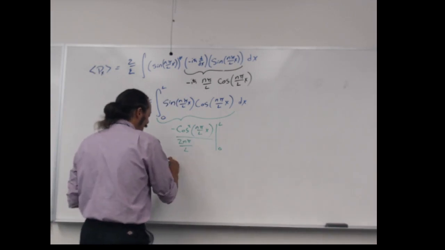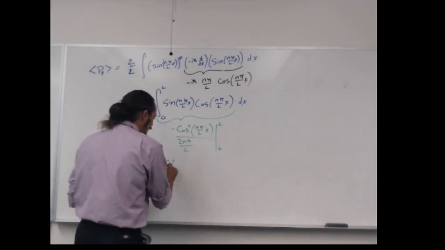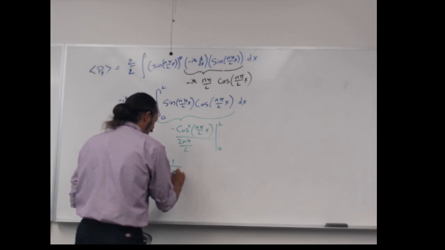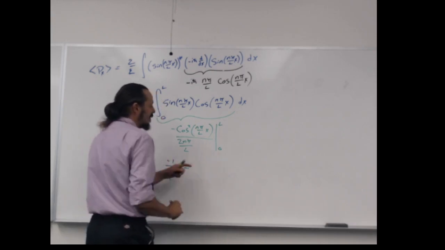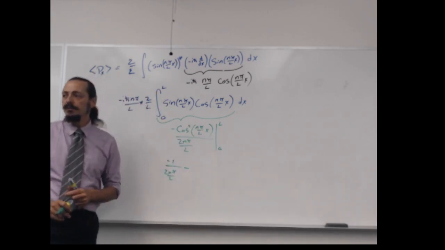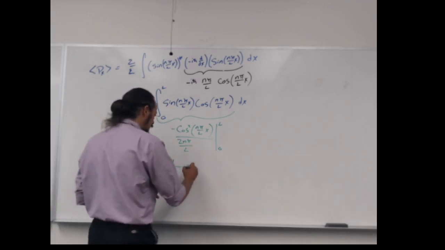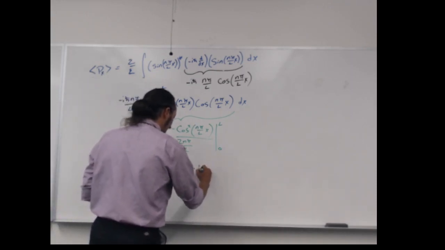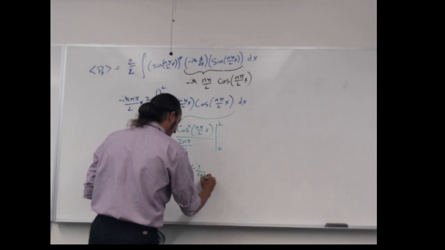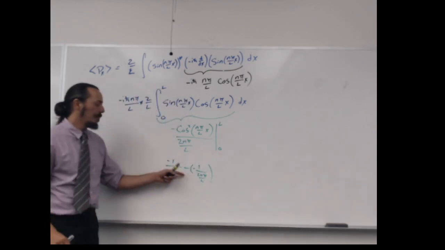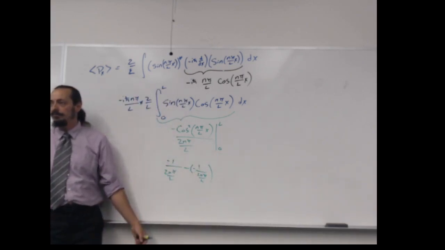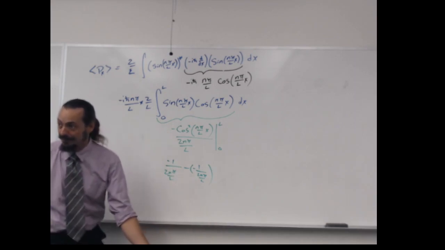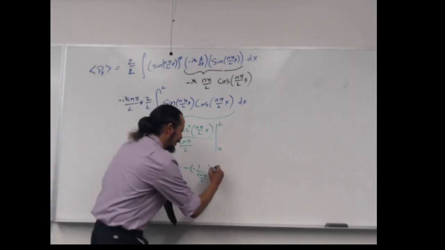So we're going to end up with a negative 1 with a bunch of constants divided by 2n pi over L, minus, if I plug in 0, cosine of 0, also 1. So I'm going to have a negative 1 over 2n pi over L. 1 minus negative 1? 0.